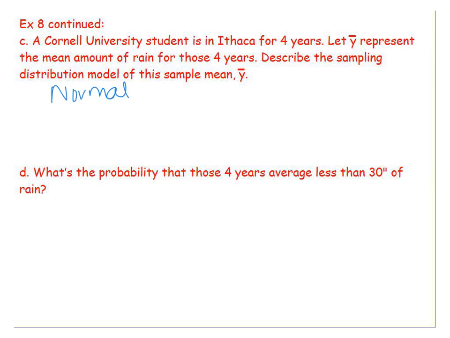But because we now have a sample, our mean, y bar, and our standard deviation for y bar might change. Well, what we learned about the central limit theorem is that the mean for all samples is the exact same as the mean for all of the population. So that doesn't change. That's the 35.4 and it's going to stay.